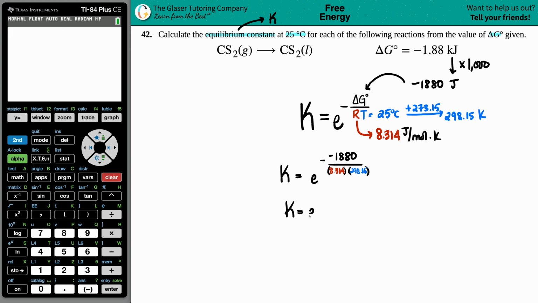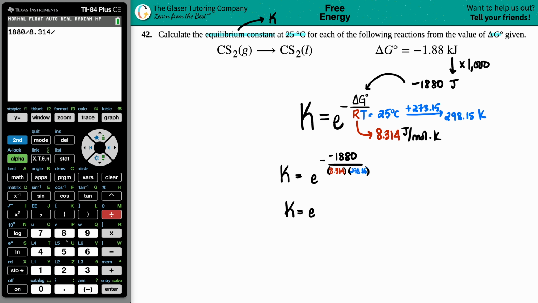I'm going to say K equals e. Let's see what that one number is. Now remember, a negative times a negative is a positive, so I'm not even going to write any negatives in my calculation. I'm just going to say 1880 divided by 8.314. And now if I want to get that 298.15 in the denominator, and I'm not using any parentheses, I have to say divide.